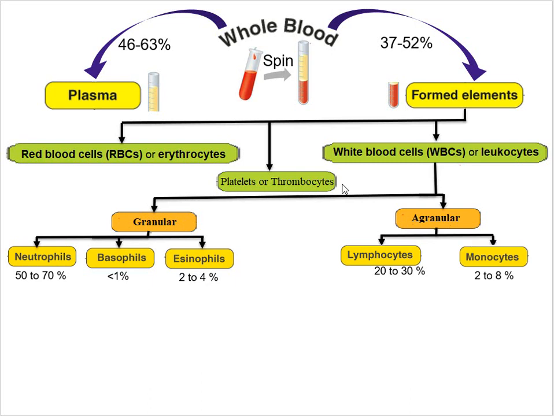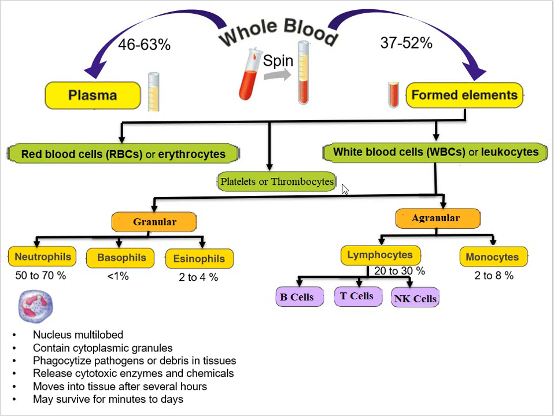Lymphocytes are about 20 to 30% of the total white blood cells, and monocytes are 2 to 8%. Now let's look at the lymphocytes. Lymphocytes are further differentiated into B cells, T cells, and natural killer cells. B cells are the ones that produce antibodies.